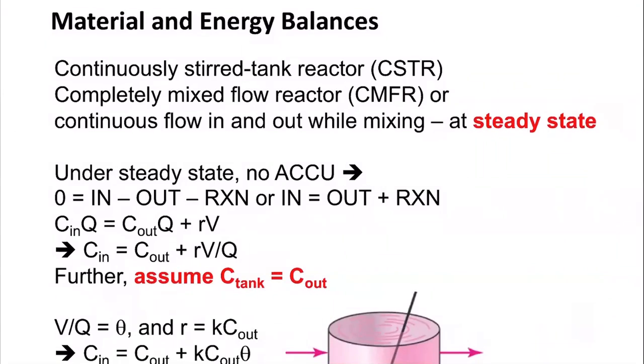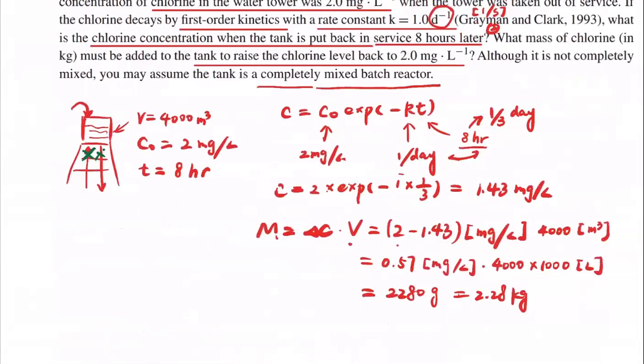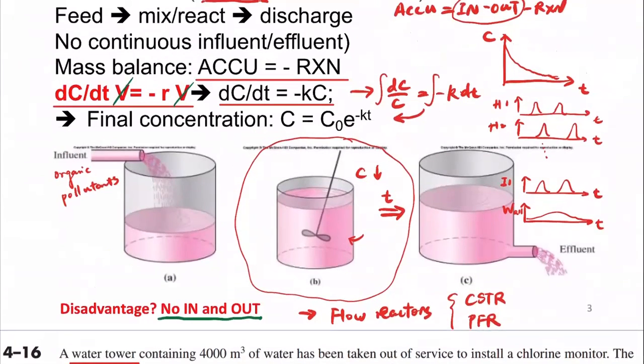So the CSTR, the concept is very simple. You remember here we have the batch reactor, right? So what about we just dig 2 holes? We introduce the flow in here, we discharge the flow from here, and then we still let it mix inside the reactor, right? That's doable because we can introduce the untreated water into the tank, let it react, and then discharge the reacted water.